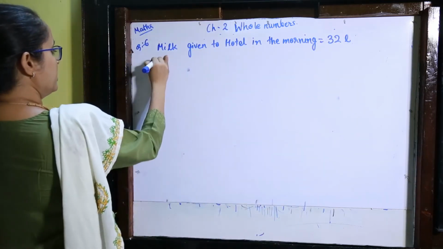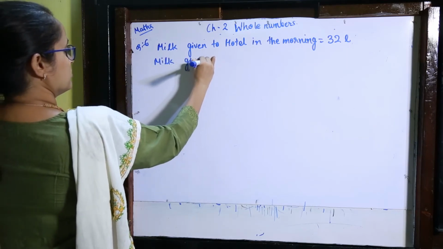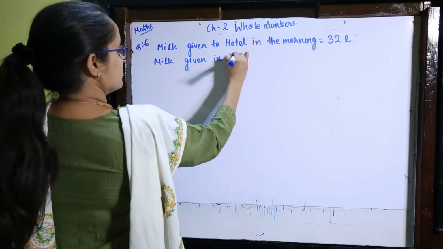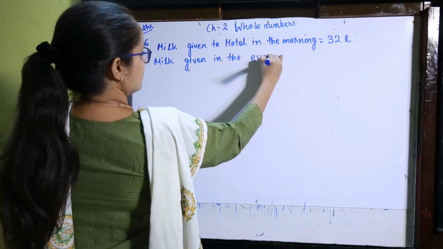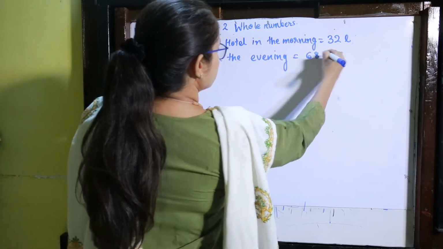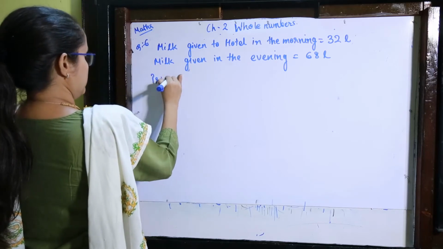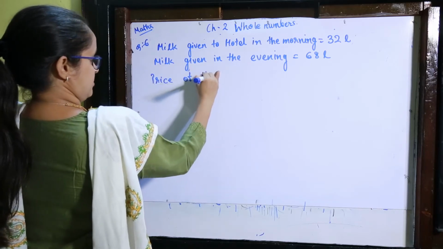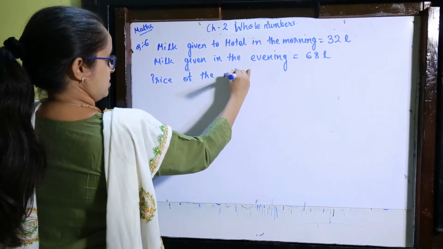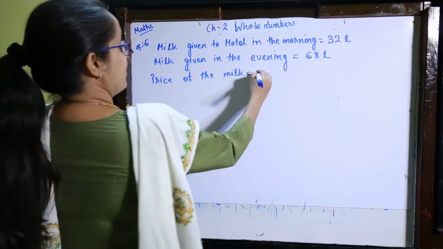Okay. Now milk given in the evening is 68 liter. Okay. And price of the milk is equal to rupees 45 per liter.